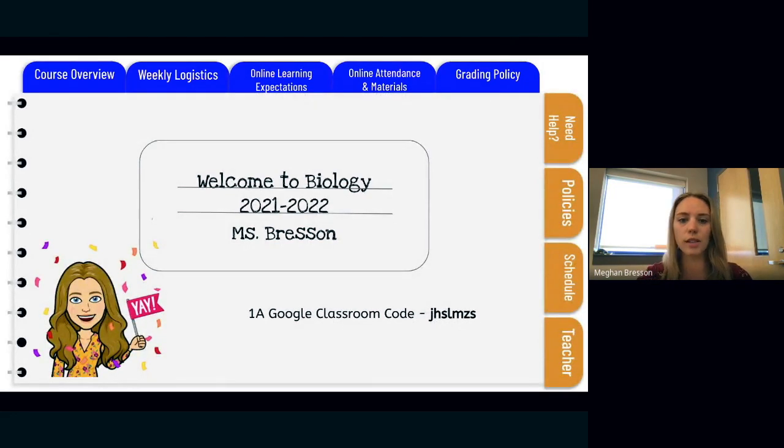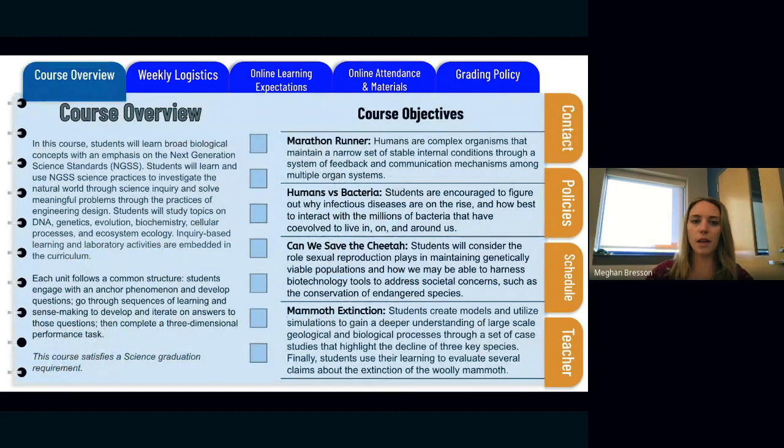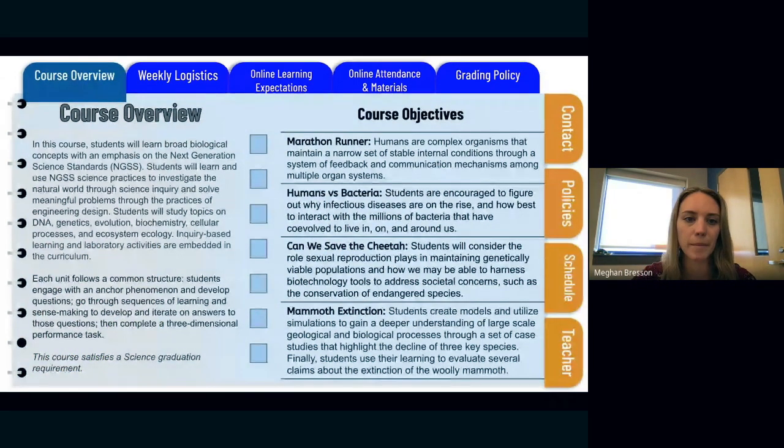Okay, in each course syllabus, there is a Google Classroom code and the course overview. This course is skills-based. Students will be learning how to communicate information, analyze data, design investigations, and support arguments with evidence.